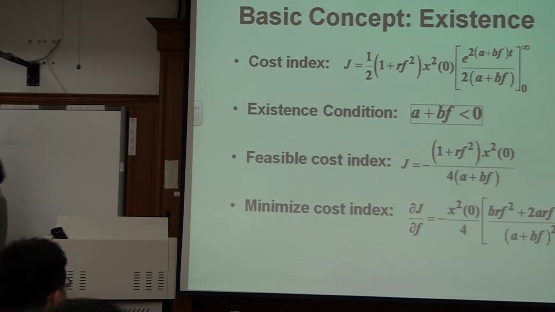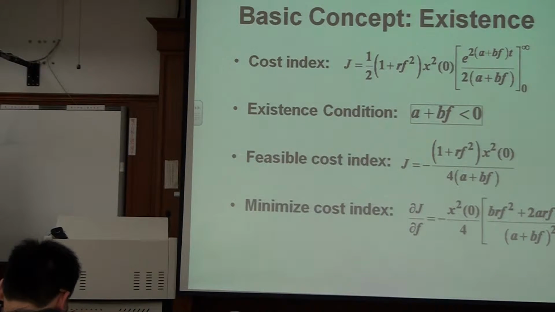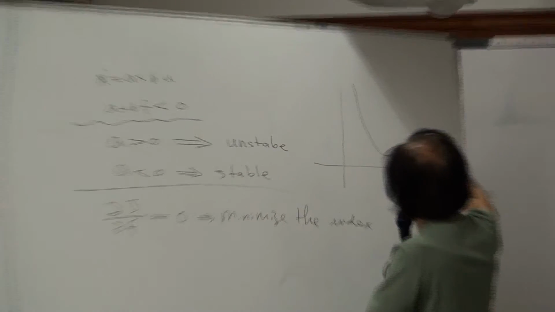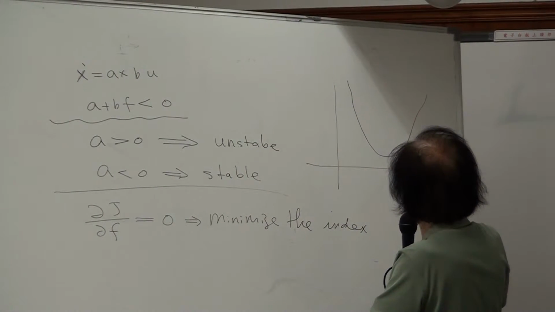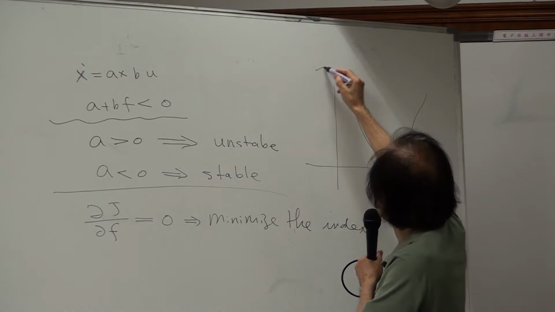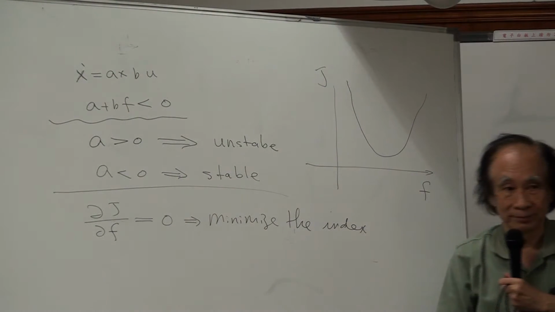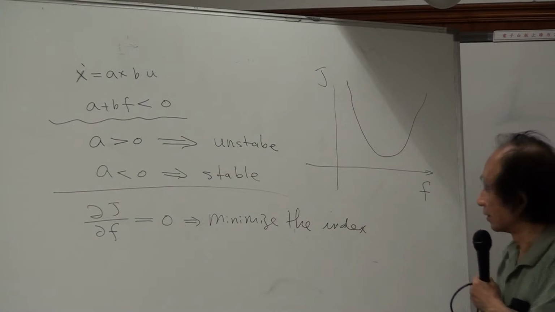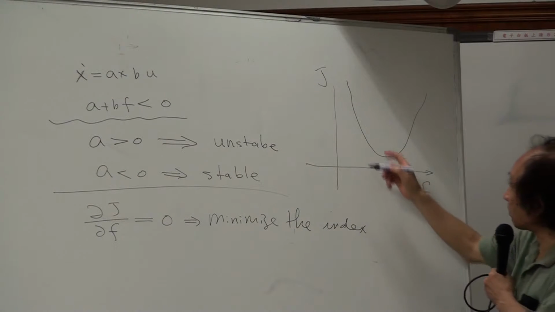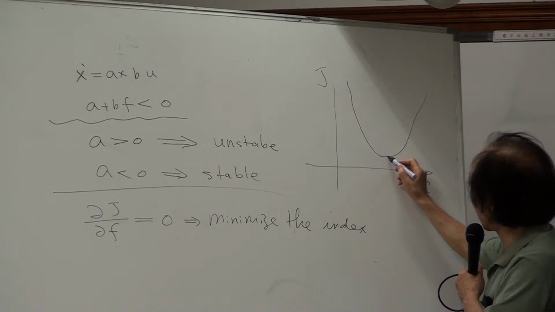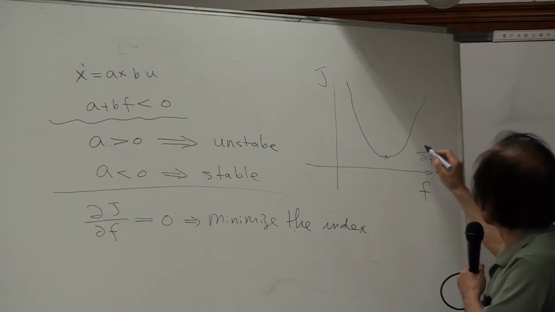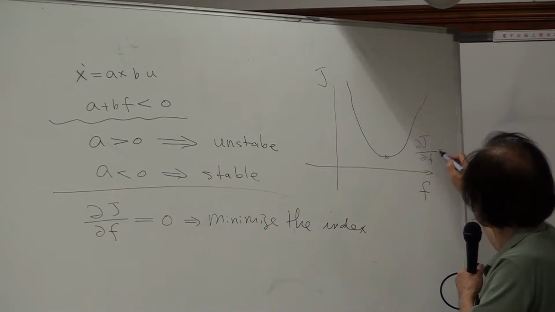Alright, for example, if this is my index, this is my F, and this is my J. If I set partial J, partial F equal to 0, that means I get this point there.